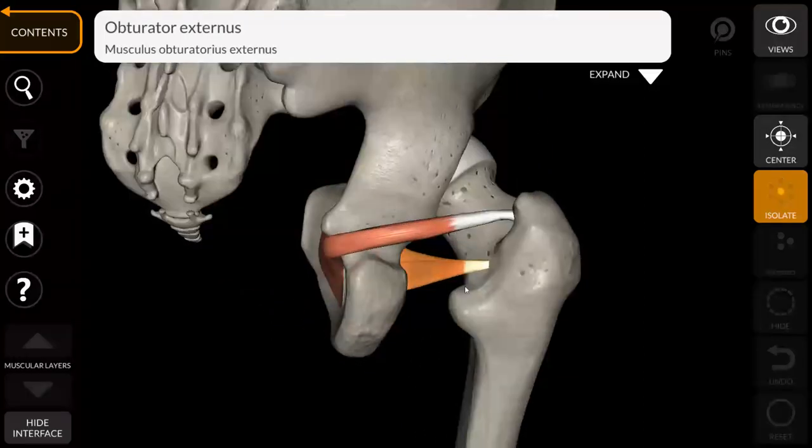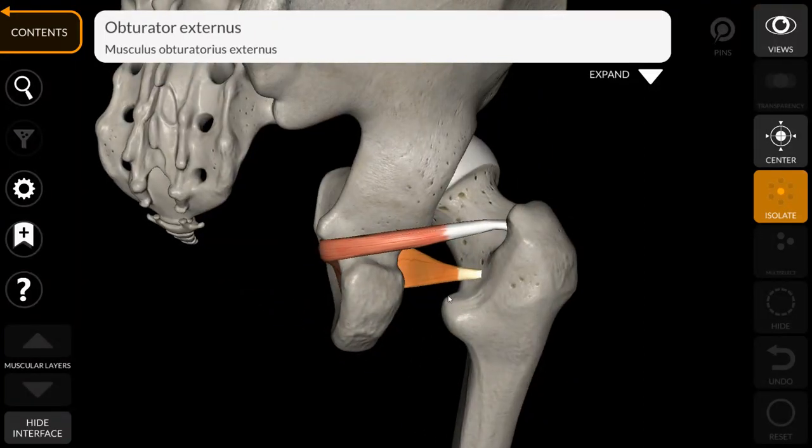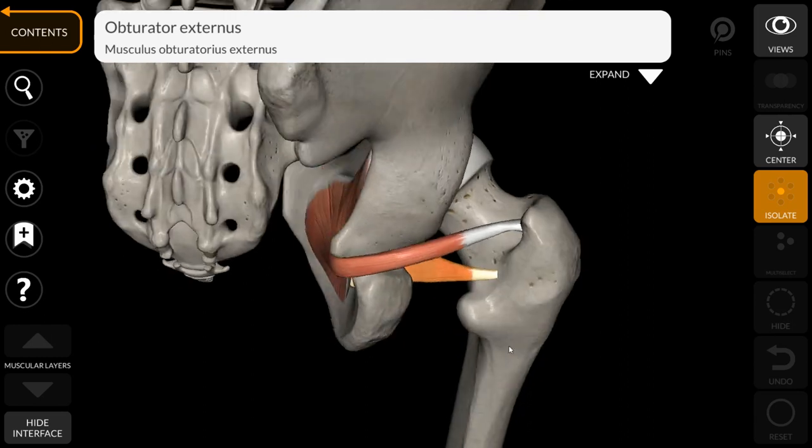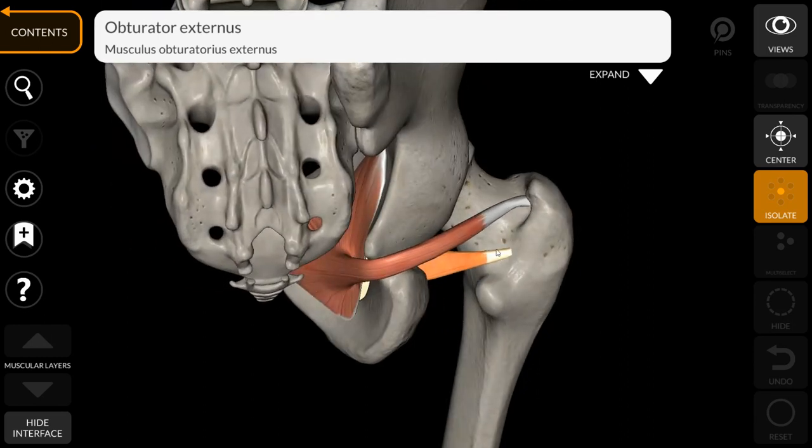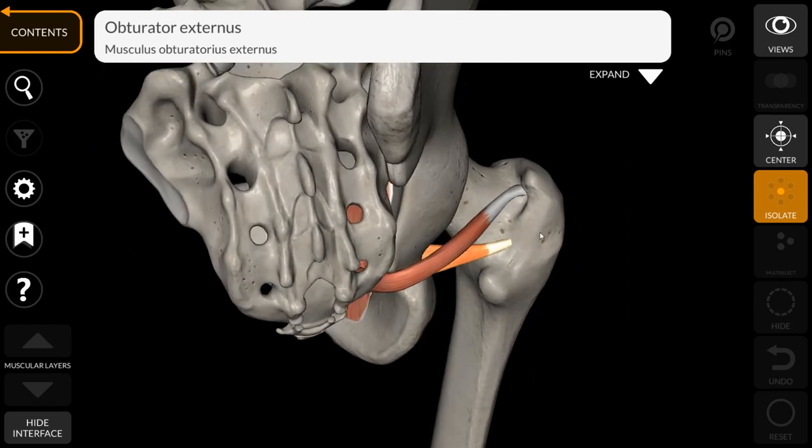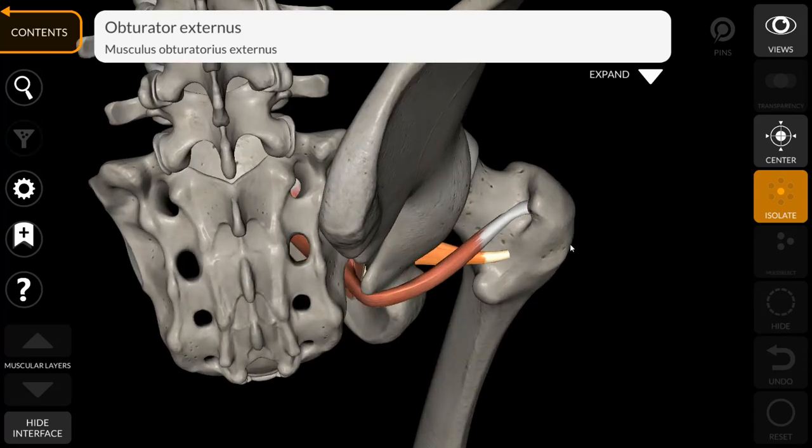Both of these muscles, even though attached on different sides of the obturator membrane, outer and inner surface, eventually come to the same spot. Attach into which region, class? Attach into your greater trochanter.